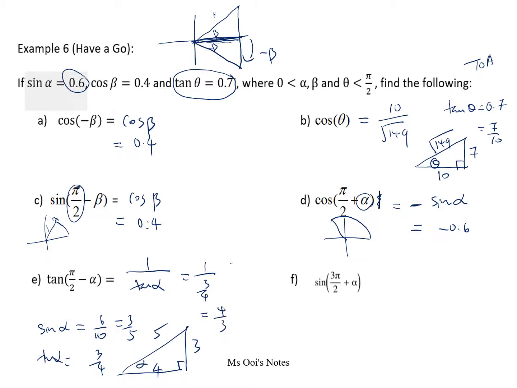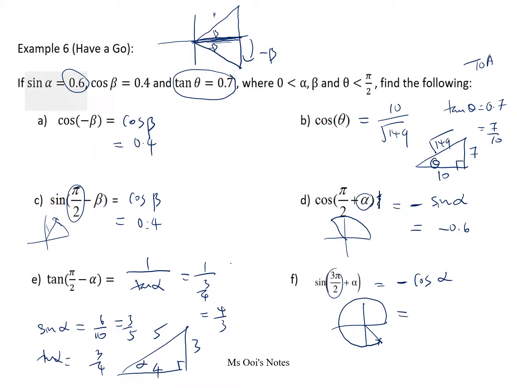The last part, sine of 3 pi over 2 plus alpha. 3 pi over 2 is here, plus alpha. So we're looking at the fourth quadrant. In the fourth quadrant, sine is about the y value, so we know the y value is negative, so put the sign first. And because of 3 pi over 2, sine becomes cos of that alpha.